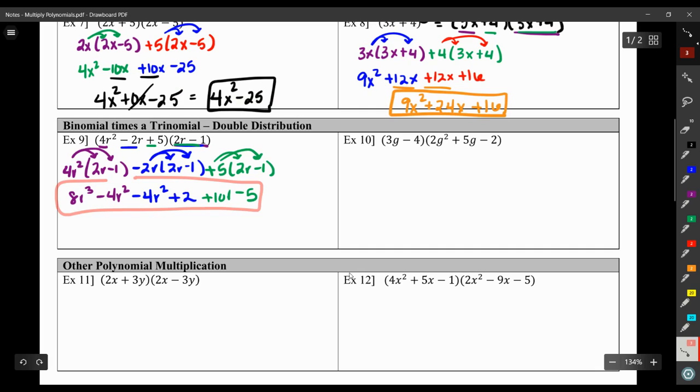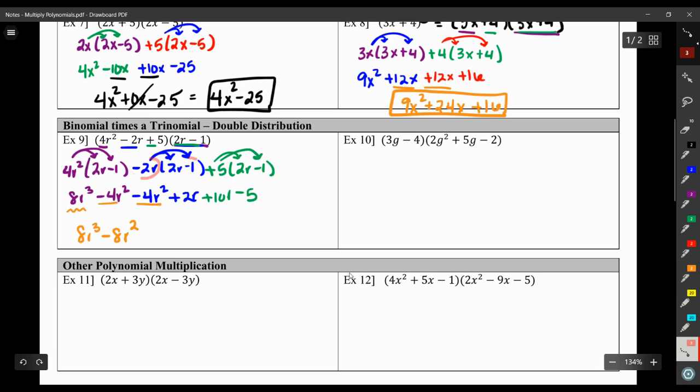We simply need to see if there's anything that we can add together, combine like terms. Well, negative 4r squared and negative 4r squared have like terms. 8r to the third does not. So negative 4r squared and a negative 4r squared combine to make negative 8r squared. Oh, this should be positive 2r. I apologize. So here's where it came from.